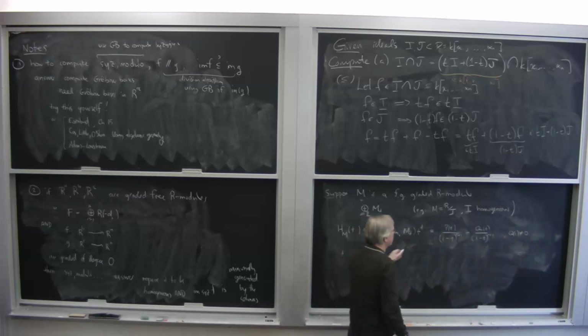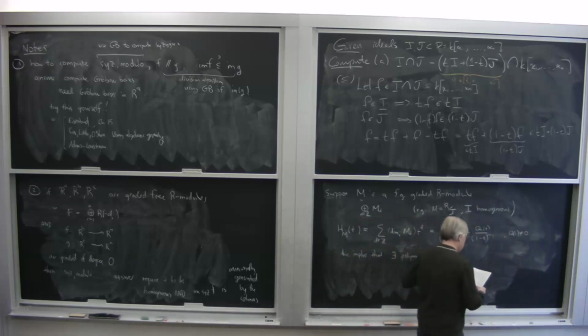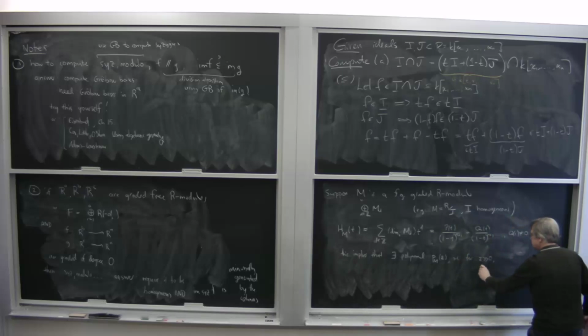This implies, okay, so when you have something like this, this implies that there exists a polynomial, let's call it P_M of z, I don't know if that's what I really want to call it, such that for z an integer large enough, the dimension of M in degree z is equal to P of z.